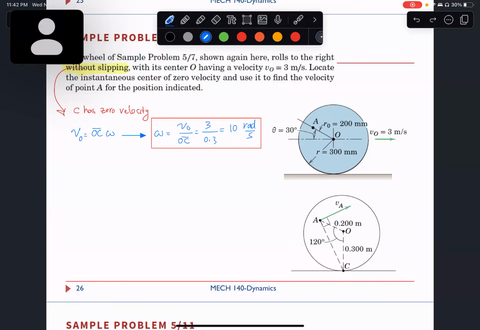Now, if we want to find the velocity of point A, how can I do that? Now the question is, I know omega, right? I know how this is rotating, with which angular velocity. If I know this length, then I'm done because VA is just length of AC times omega.